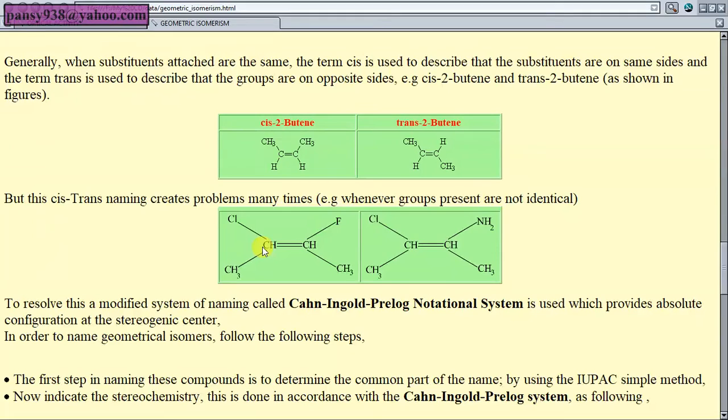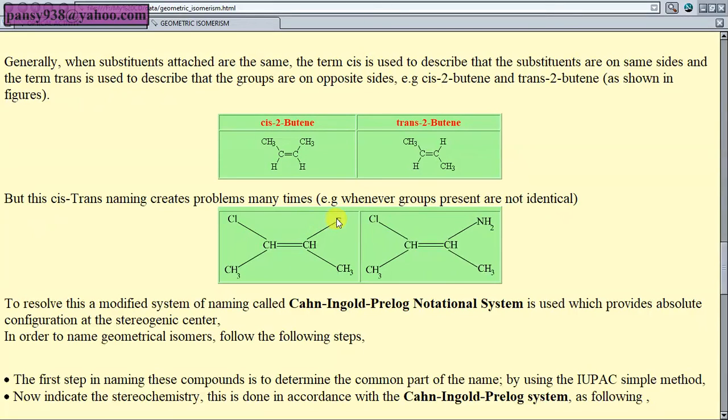Chlorine has atomic number 17, fluorine has atomic number 9, and both carbons have atomic number 6. The high priorities are chlorine 17 and carbon 6 on one side, and on the other fluorine 9 and carbon. Both are on the same side.